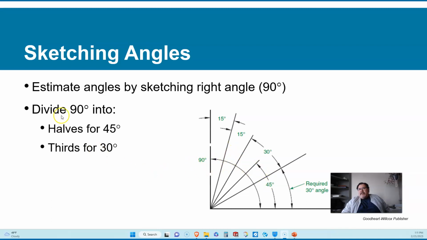And if you were to take that 90 degrees and divide it into 3 parts, or a third, right? Here is a third, here's 30 degrees, here's 30 degrees, and another 30 degrees. So 3 lines that break up the 90 degrees into 3 even spaces.